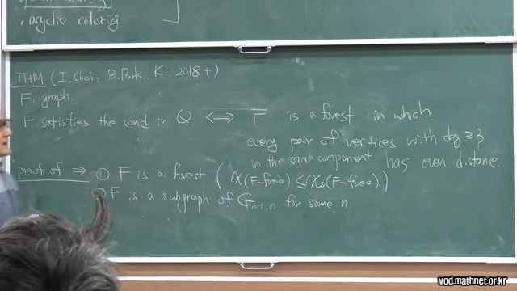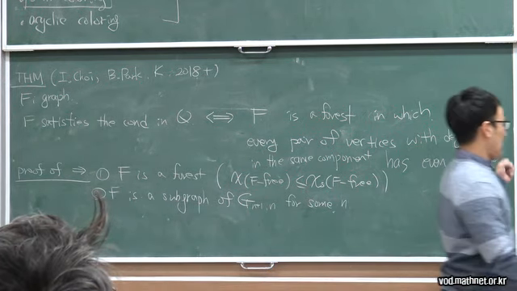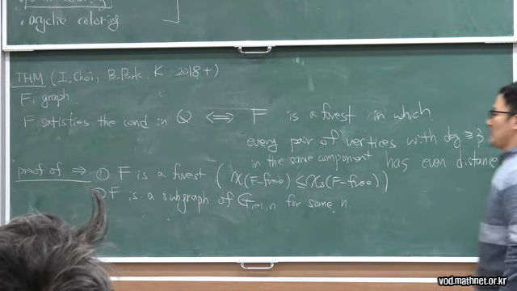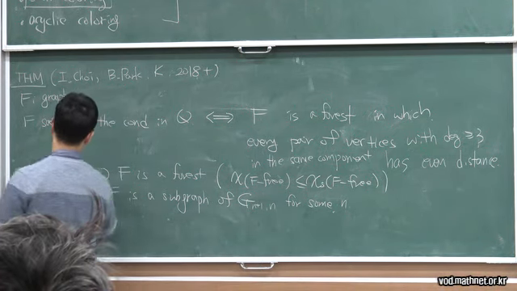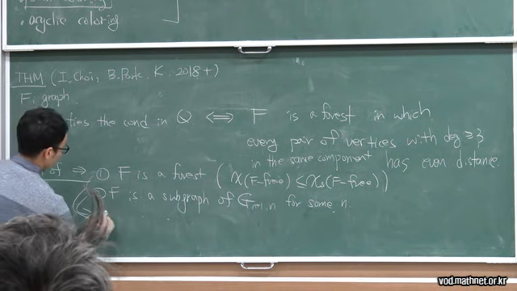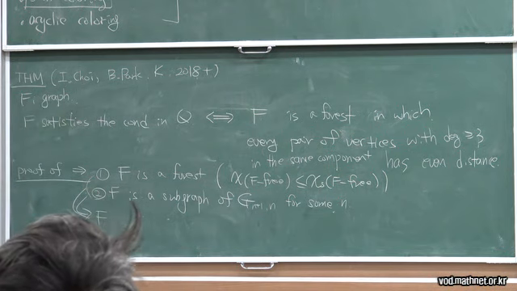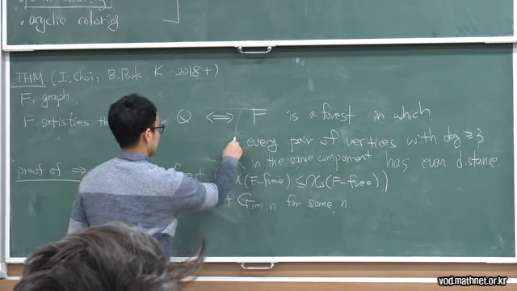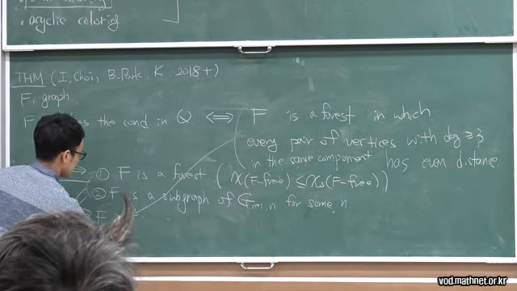Otherwise, you can take an F-free graph G n plus 1, n with very large star-chromatic number. And these two imply that F must be this one.